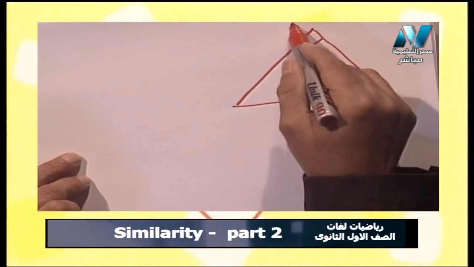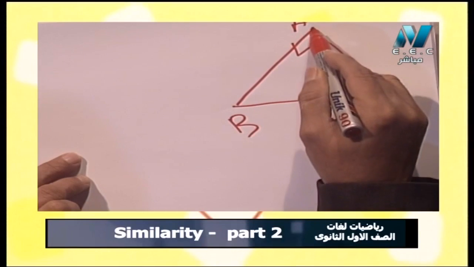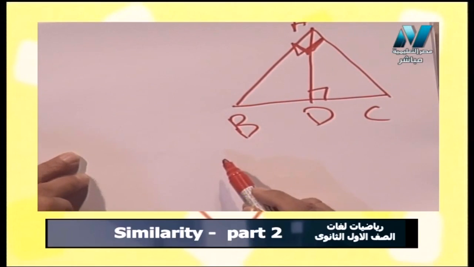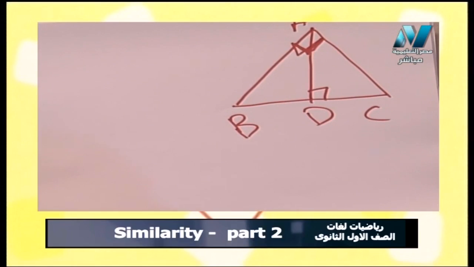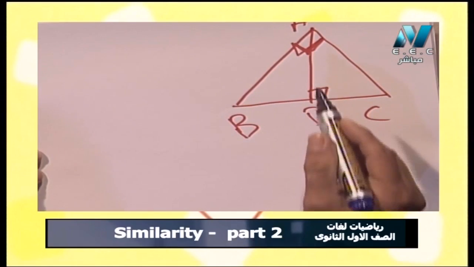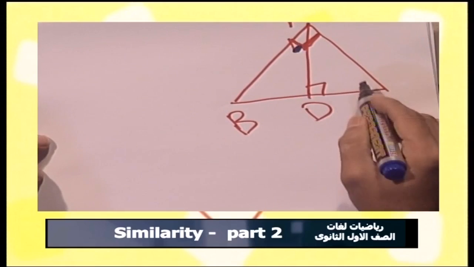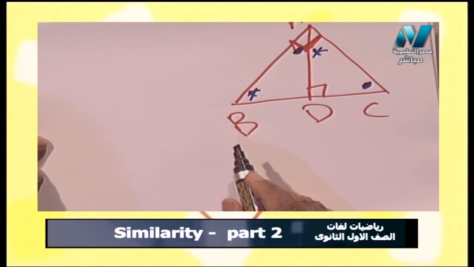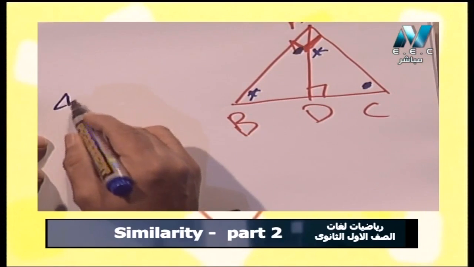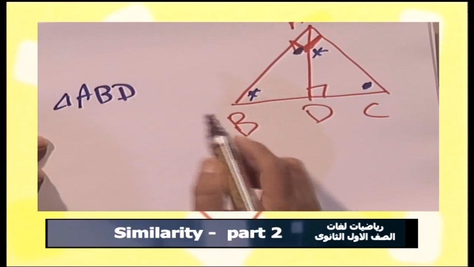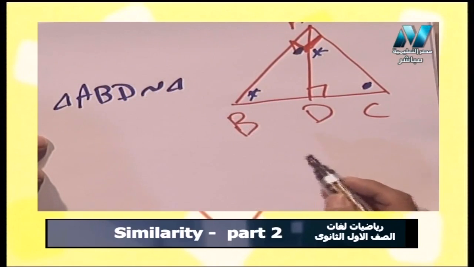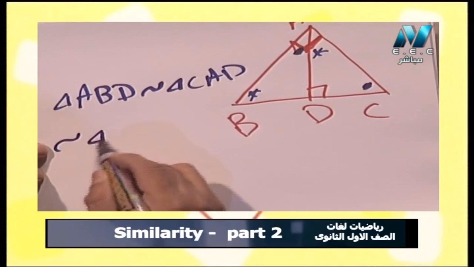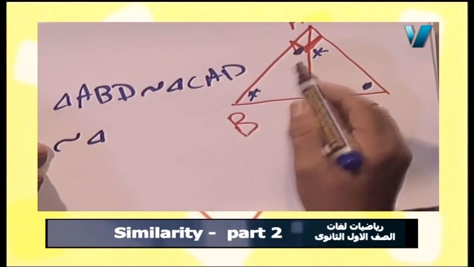Here, if we have A, B, C, and we have the same right angle here to D, we can put the equal angles, so we can put them in the order. The triangle ABD is similar to triangle CAD, similar to original triangle, which is CBA.